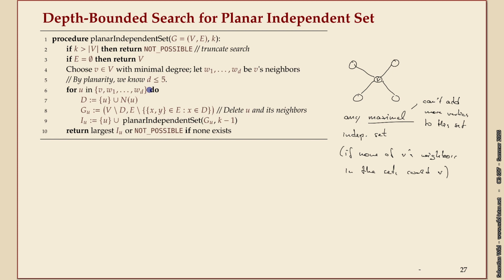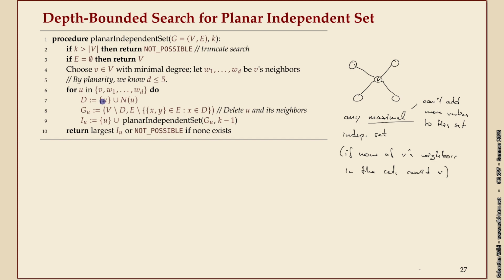So formally, this looks like I'm constructing a partial solution. I'm constructing the graph where I've removed the vertices that I'm dealing with now. So I remove this vertex and its neighborhood, because if I pick one vertex, I cannot include any of its neighbors in any independent set.